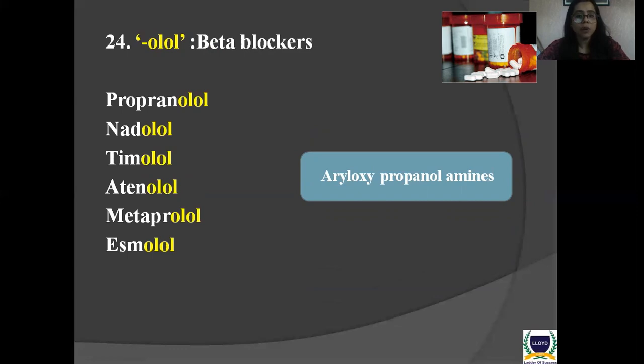Drugs like propranolol, nadolol, timolol are the non-selective beta blockers, and drugs like atenolol, metoprolol, esmolol are the selective beta blockers. Whether the beta blockers are selective or non-selective, both end with the same suffix, olol, which indicates they are beta blockers.